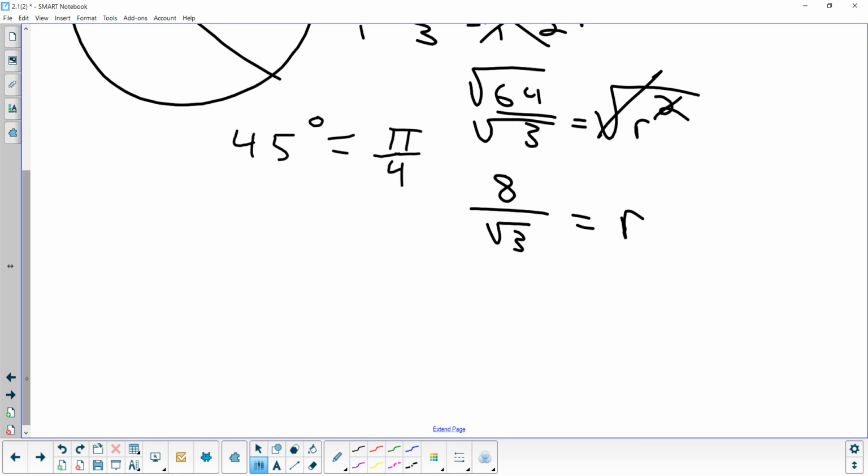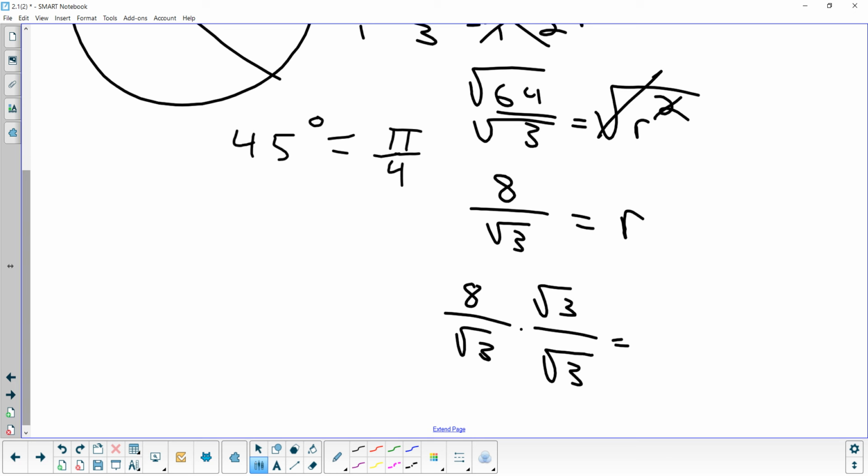Anytime you do something in math, if it ends up with a square root in the bottom, you're not supposed to leave it there. So the way you fix it is you multiply the top and the bottom by the square root. It's not going to get rid of it completely. All it's going to do is move it from the bottom to the top, which is where we want to leave it.